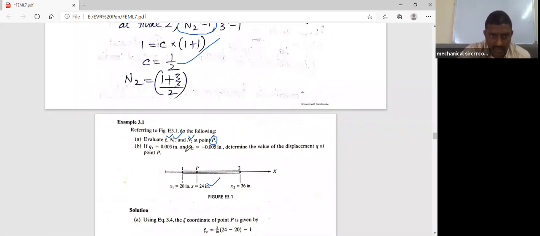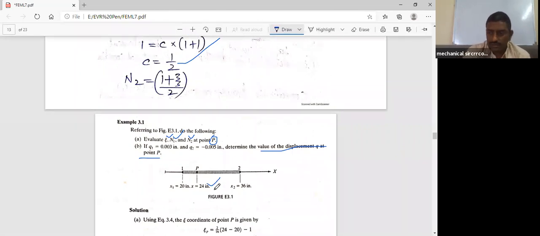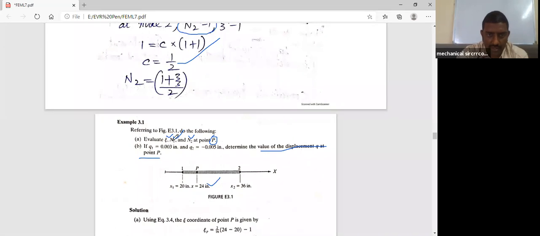In the second part, if we know the deformations at node 1 and node 2, q1 is equal to 0.003 inches, q2 is minus 0.005 inches, determine the value of the displacement q at point P. First you solve the first part.